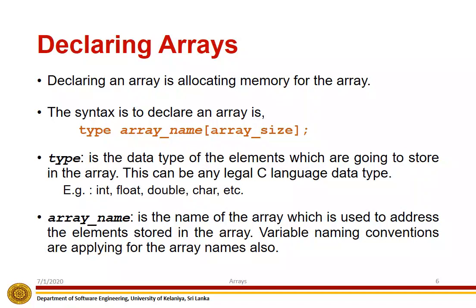Variable naming conventions apply for array names also. You can refer to lecture 5, Fundamentals of C Programming. In there I have discussed identifiers. The naming conventions common for identifiers such as variables, functions and etc. apply here to array names also. The names are case sensitive.